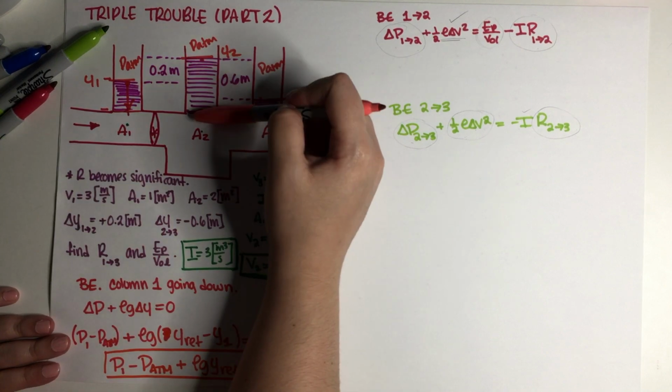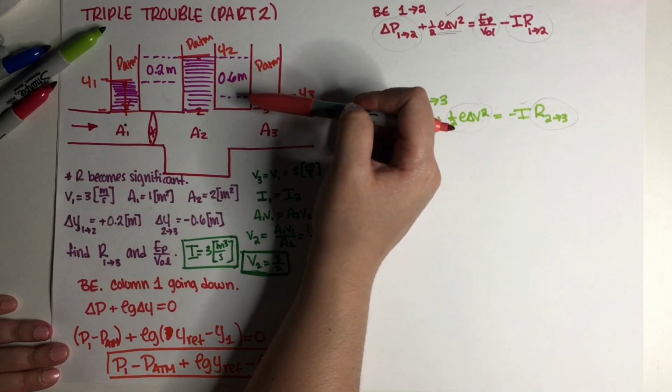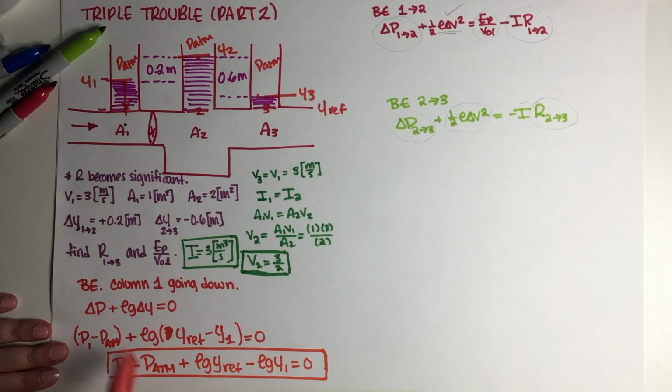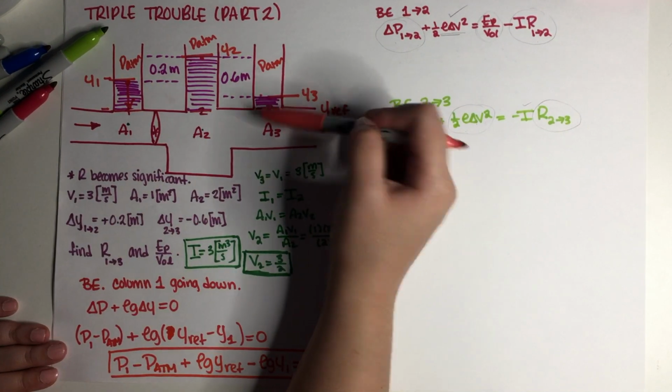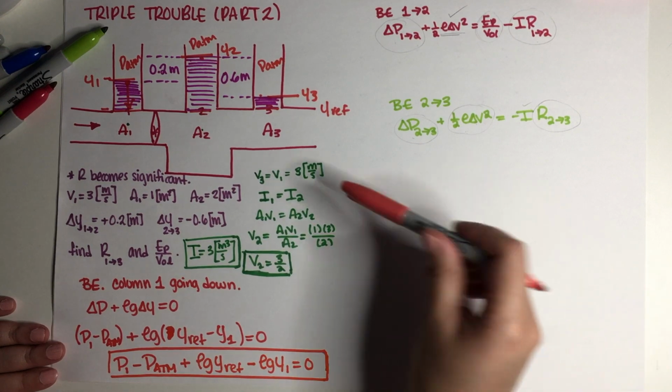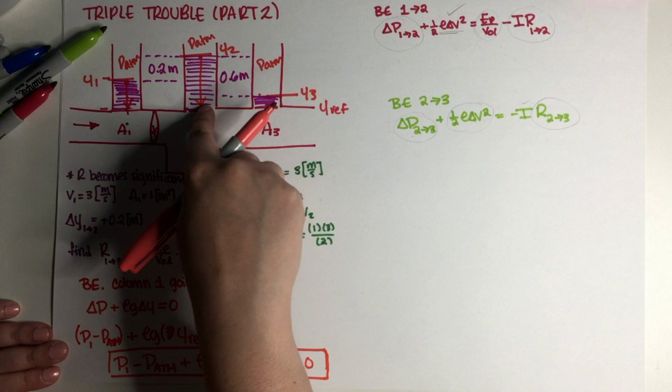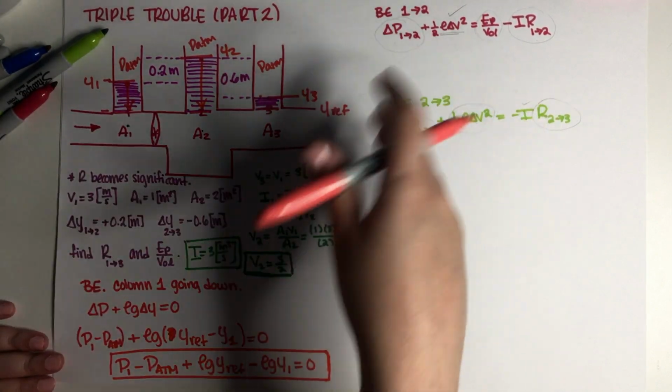Now, these 2 water columns, even though the water difference is the same, if I apply the Bernoulli equation to them, they would look exactly the same, because if I go from here and go down like this, I don't have a pump, I don't have a change in area, I don't have a flow.